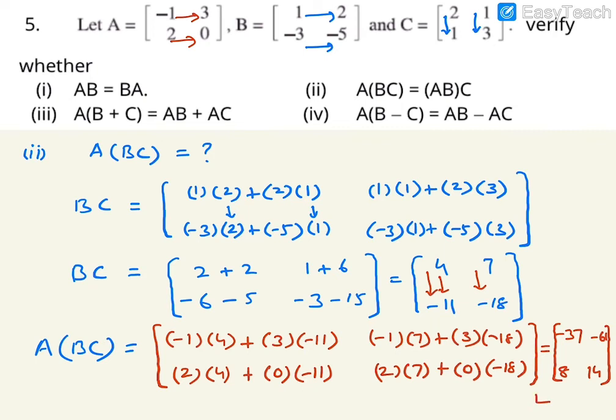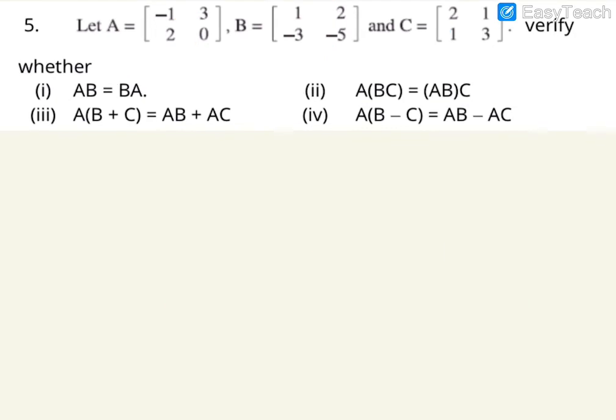Now say this is equation 1. Now let's find AB into C of the second part. Right hand side is AB into C. So to solve this, A will multiply with B. First find AB.